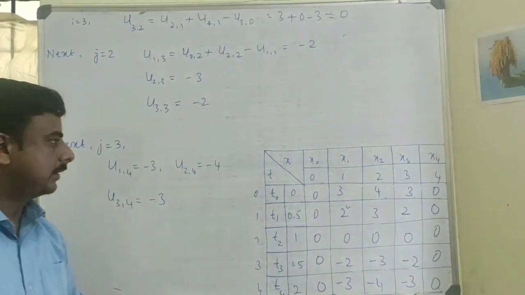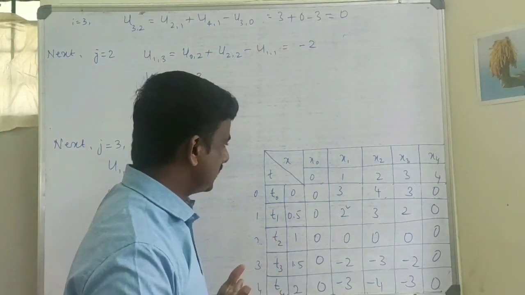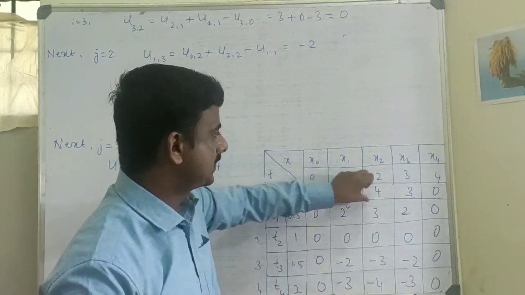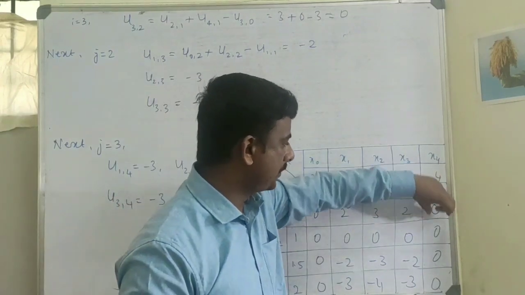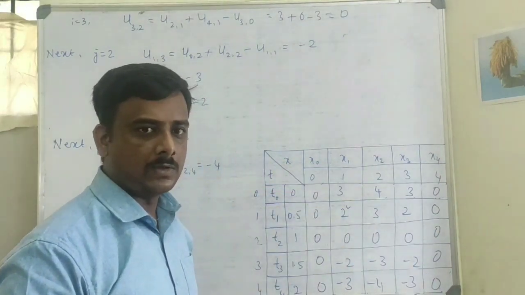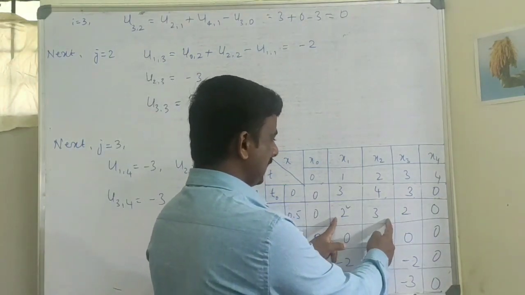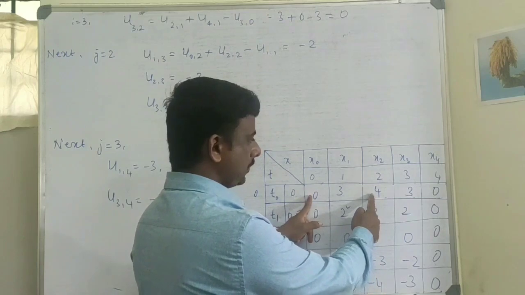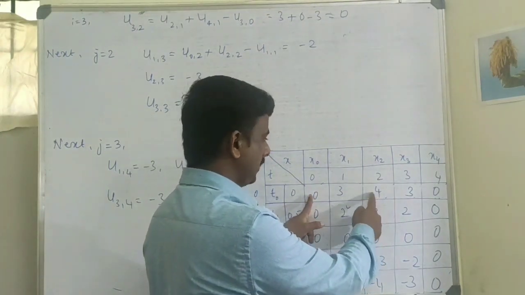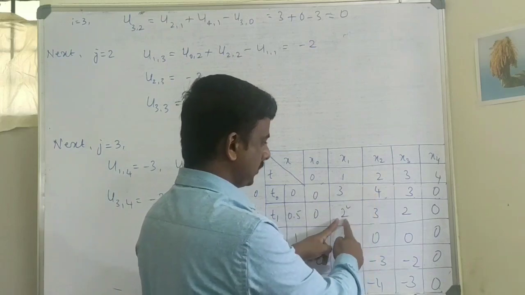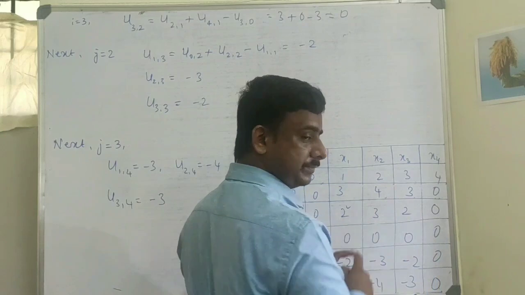See, we can directly write this table easily. By using the initial conditions, we can compute the first row, and using boundary conditions, we can compute the first and last column. Now, the second row will be the average of two adjacent entries in the previous row. So (4 plus 0) by 2 is 2, (3 plus 3) by 2 is 3, (4 plus 0) by 2 is 2.